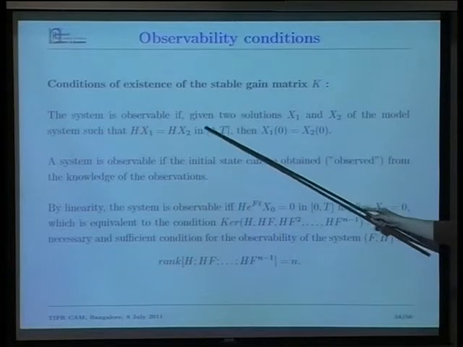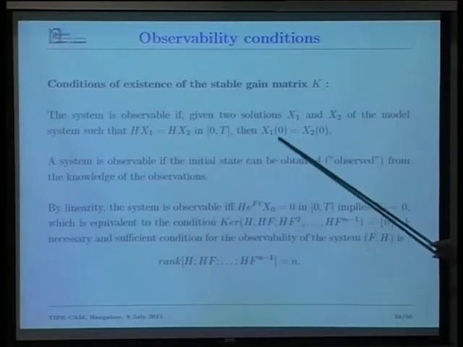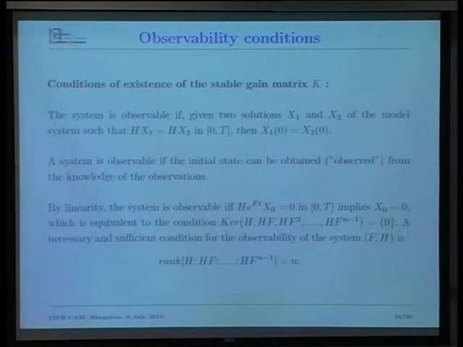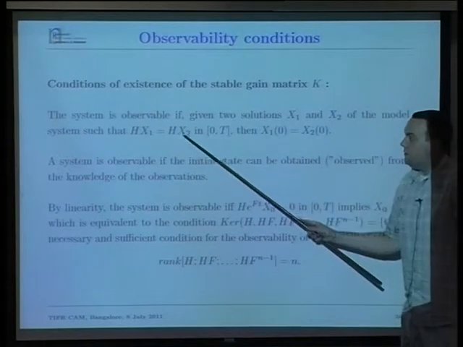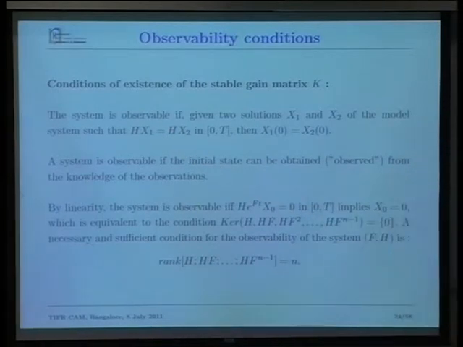So, the idea is that the system is observable if, given two solutions x1 and x2 of the model, the observations that you have, Hx1 and Hx2, are equal, then x1 is equal to x2. Same initial condition and then same solution.